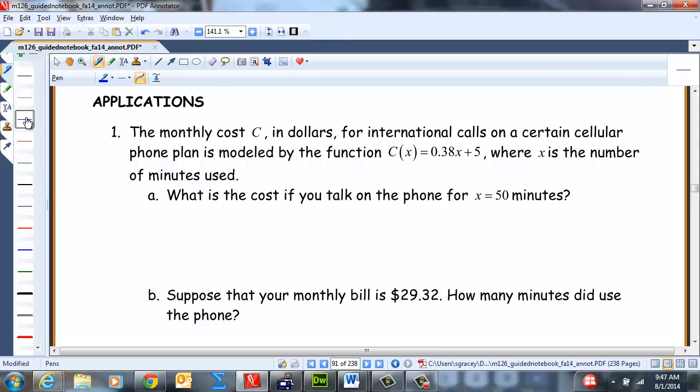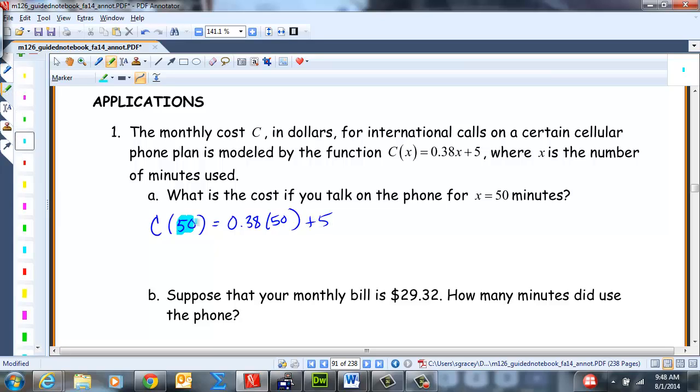So we've been given this function, C at x. So now we're going to be evaluating C at 50 is equal to 0.38 times 50 plus 5. So wherever we see an x, we put in 50.